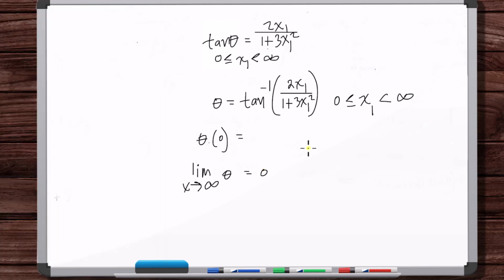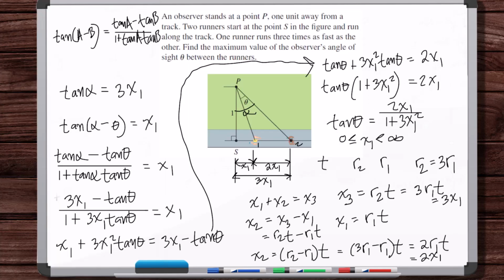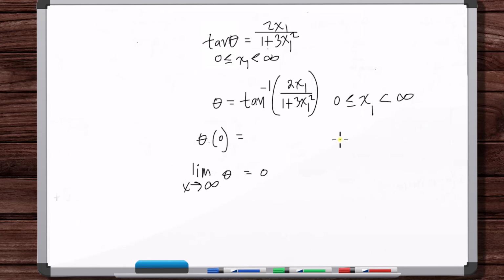That's very interesting. As the distance goes to infinity, so the time after the start time goes to infinity, this theta goes back to 0. It starts at 0 and goes back to 0. So we've got some function for theta, as a function of x1, which is also kind of a function of time.